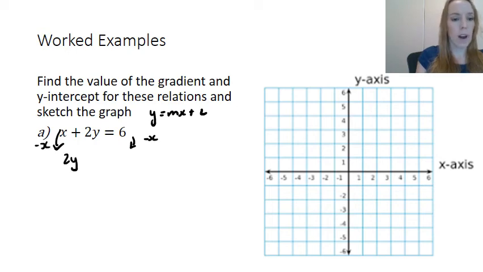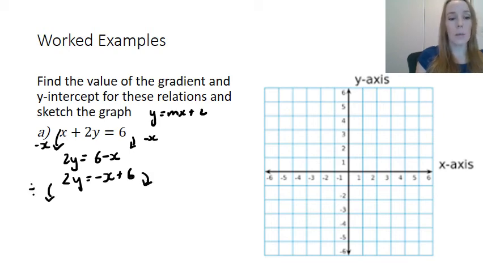So I've got 2y equals 6 take x, or we can rearrange that, so 2y equals -x plus 6. Now we need to get 1y, not 2y, so we're going to divide both sides by 2. So y equals -x over 2 plus 6 divided by 2 is 3.